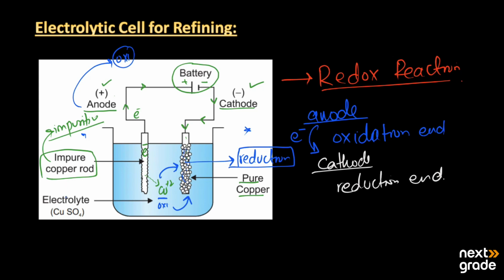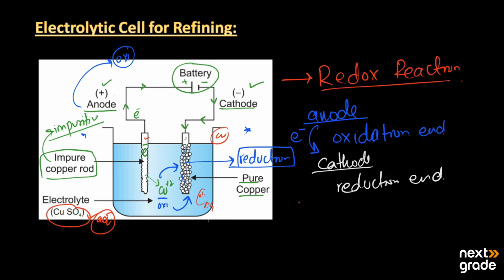And the electrolyte that we are going to use there is copper sulfate. The salt of the electrode metal, or its aqueous solution, must be the electrolyte. It is not the case that the electrodes are of copper and we use nickel or silver.